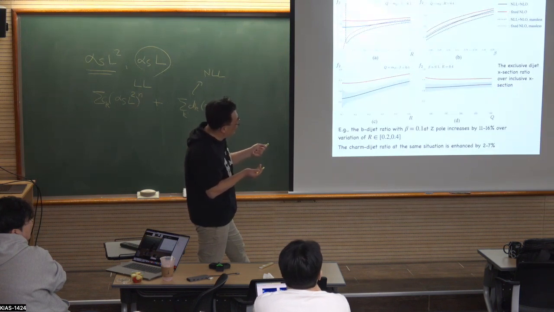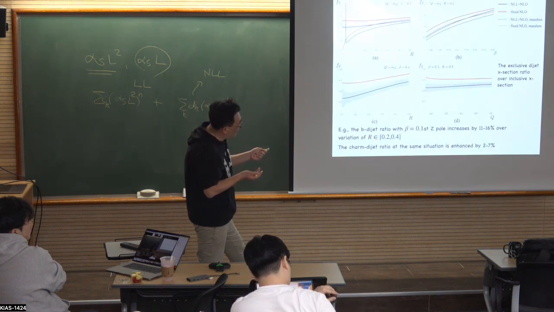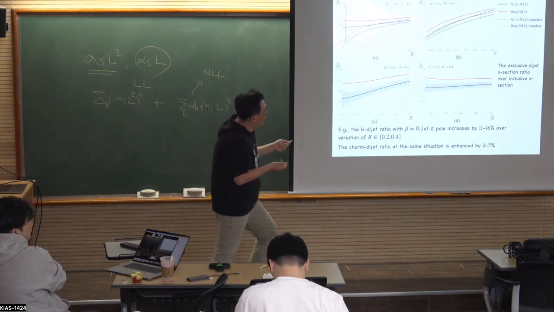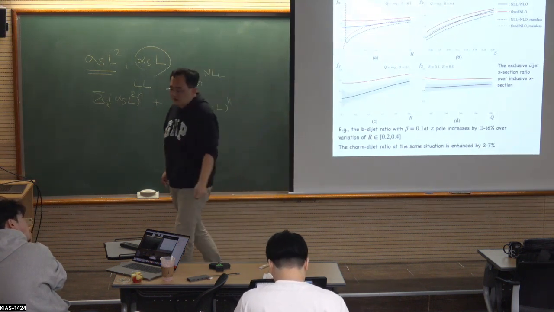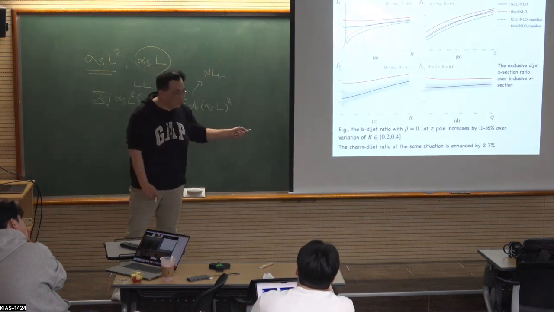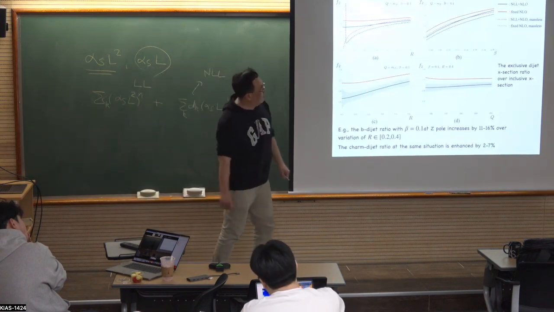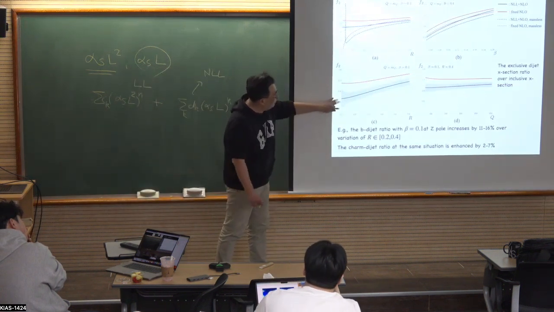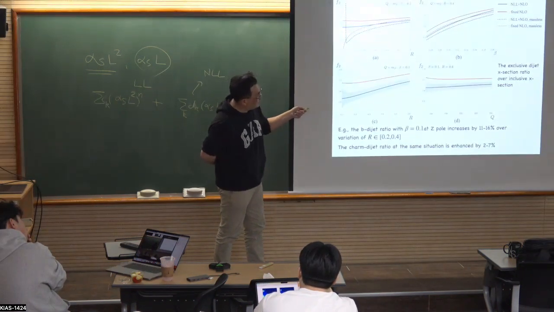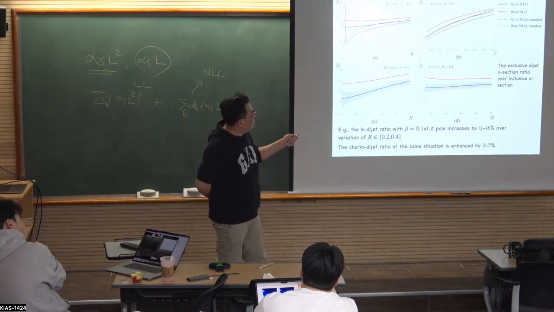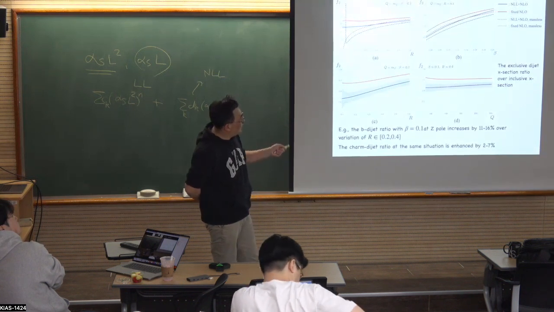Here the red line is the fixed-order result, and after the resummation the central value is the default value of the resummed result, and this band is the uncertainty of that resummation. Even including the uncertainty, we clearly see the resummed result gives a smaller result compared to the naively obtained next-to-leading order fixed-order calculation.